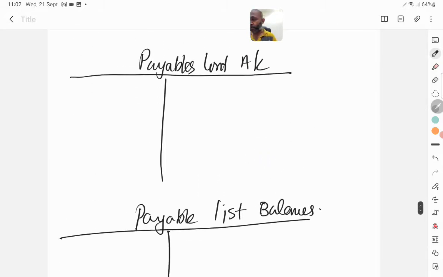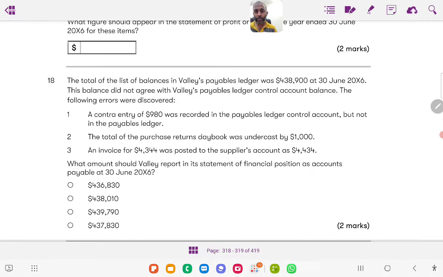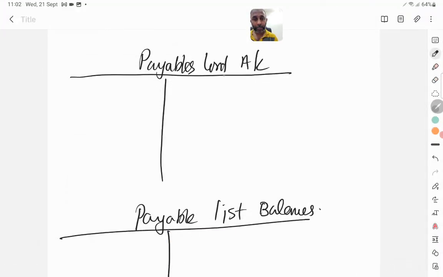So what we will now try to do is that the total of the list of balances in the payable ledger is 438,900.